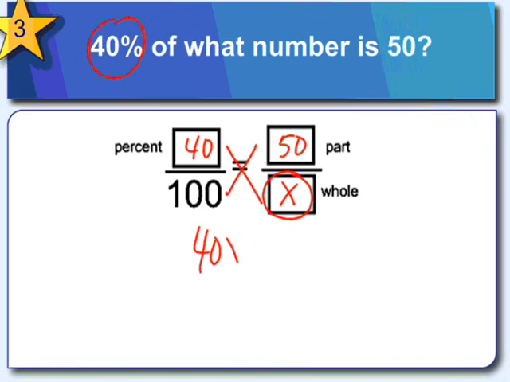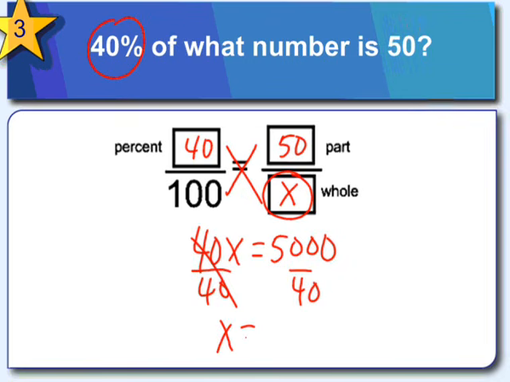So 40 times x is 40x. 50 times 100 would be 5,000. Divide by 40. Divide by 40. And 5,000 divided by 40 would be 125. So that would be our solution, 125.